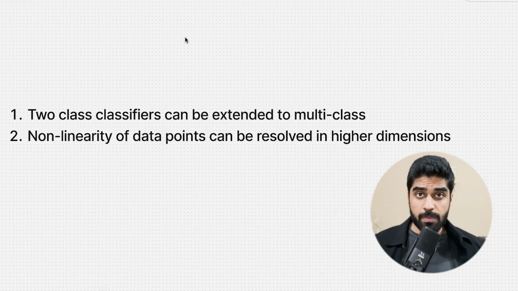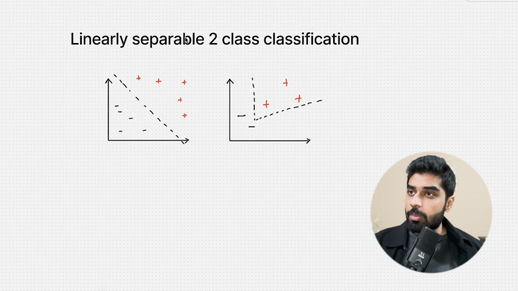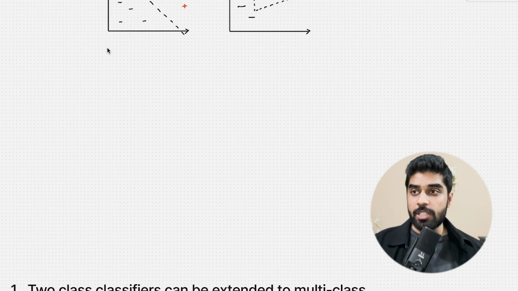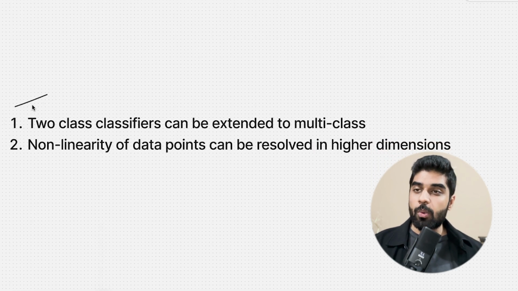So let's bring our focus back to the two-class classification problem, which forms the basis for multi-class problems. So now we know that two-class classifiers can be extended to multiple classes, and we also know that if there is non-linearity in the separation of data points, that can be resolved through the kernel trick. So essentially, if we master solving the initial problem that we had, which was linearly separable two-class classification, then we can extend the same formulation to more complex cases by 1 and 2.